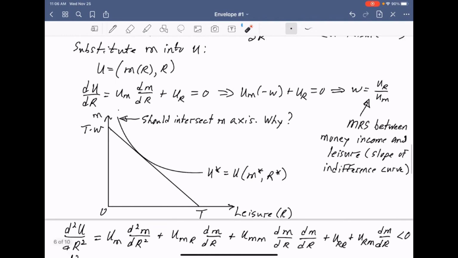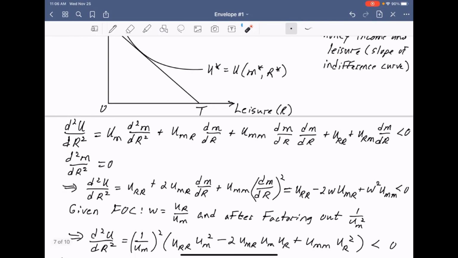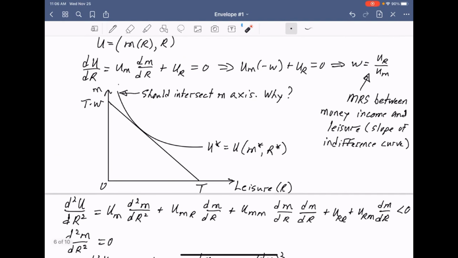You need some money to live. And the reason is you've got other indifference curves through here which look like these here. So you'd have one that ran like this, and it would need to intersect that line.